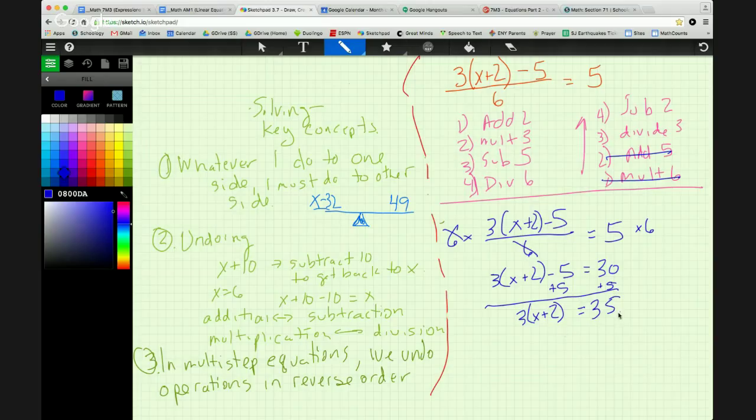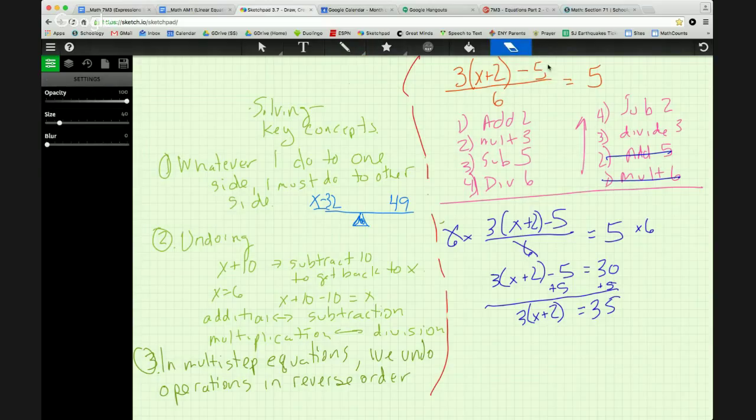Oh, shoot. This is frustrating, because we're going to end up with a fraction. And I don't want to end up with a fraction, so I chose a bad number. I'm going to fix this real quick, and then we're going to just kind of redo it. We're going to turn this one here into a 5.